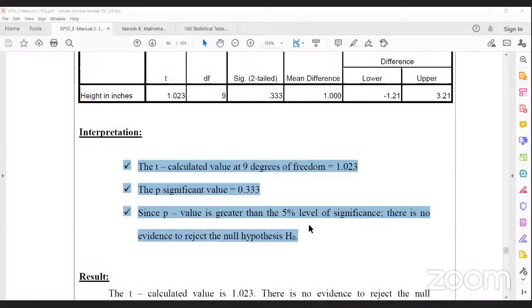Sir, the SPSS that you have shared with us is also 22? The one we downloaded on day one, sir. It is 22.